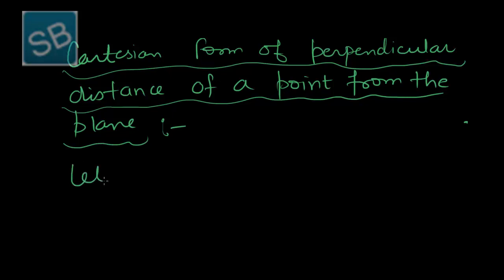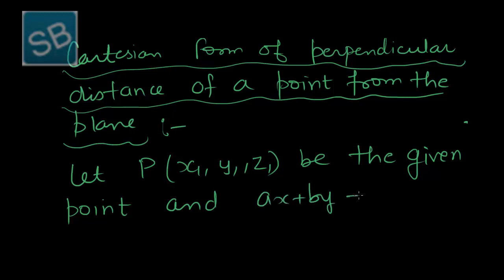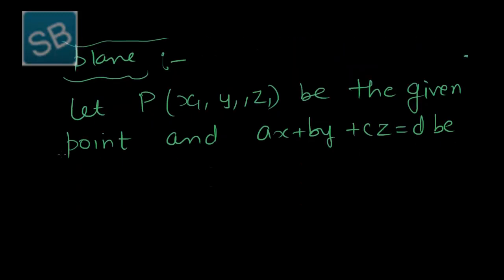So let point P with components x1, y1, z1, from where we have to find the perpendicular distance, be the given point, and the given plane is ax plus by plus cz is equal to d, in Cartesian form.